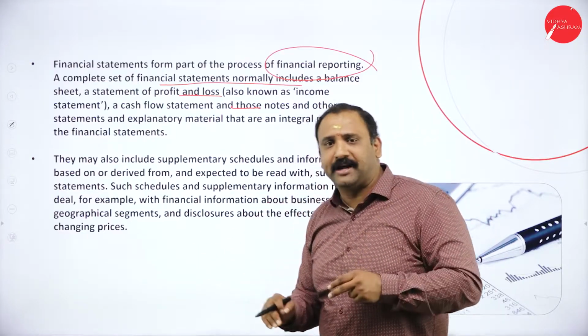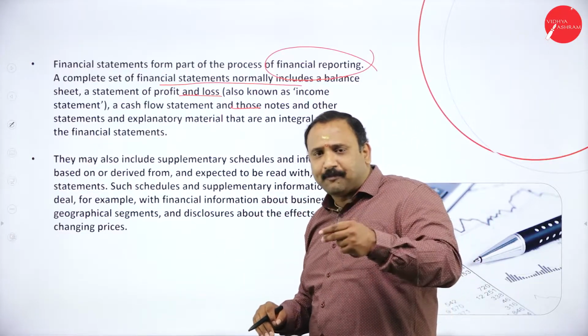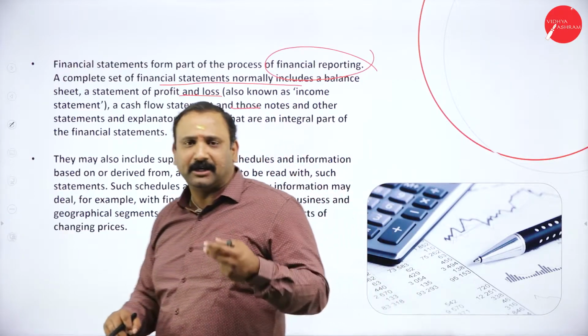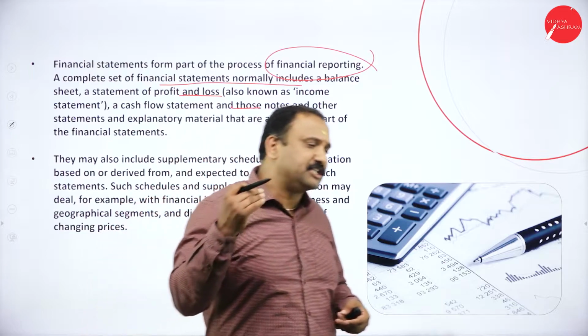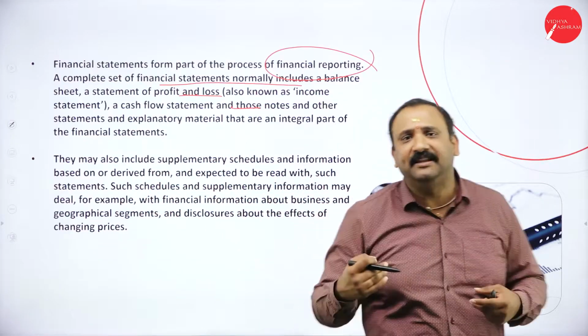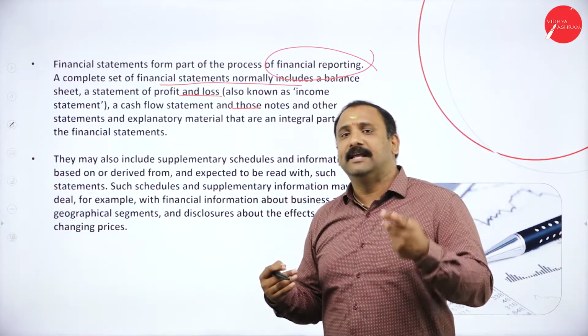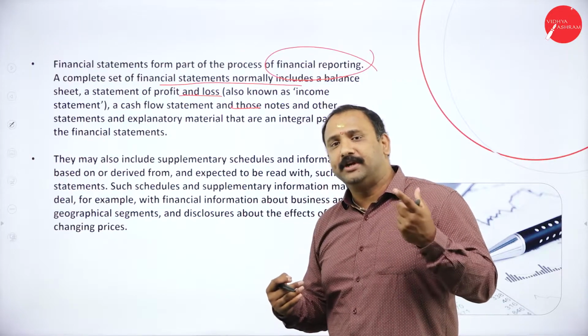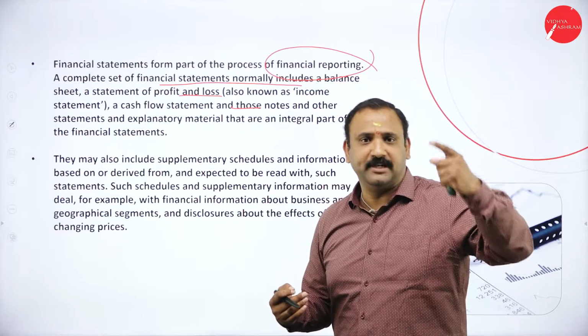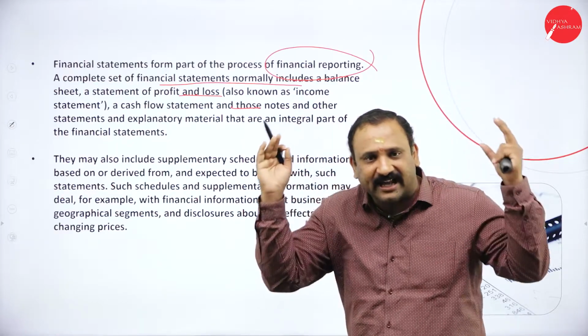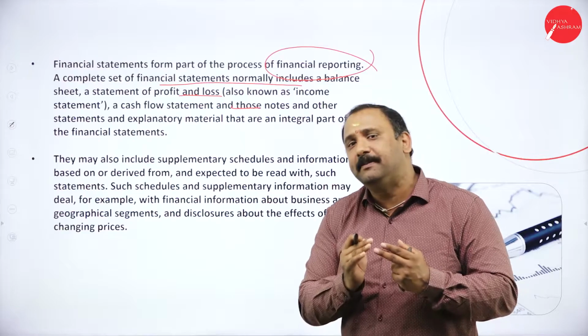So what we are now trying to say here is that you have prepared statements, you have prepared document after document talking about your financial status, your financial ability and the criteria factors here. But then you need to take that data and present it to the world, which means you will have an entire catalog of information that is being put together.